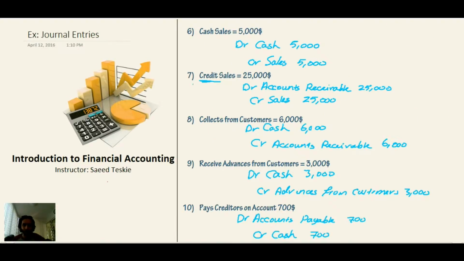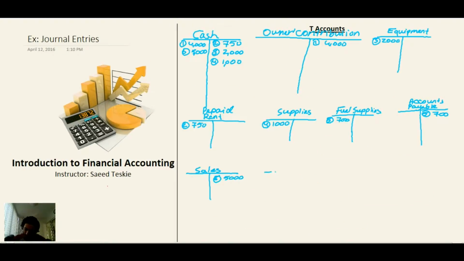Number 7, we have credit sales. So we'll debit accounts receivable 25,000 and we will credit sales for 25,000. Have a new account, accounts receivable. So in number 7, we will debit accounts receivable for 25,000 and we will credit sales for 25,000.